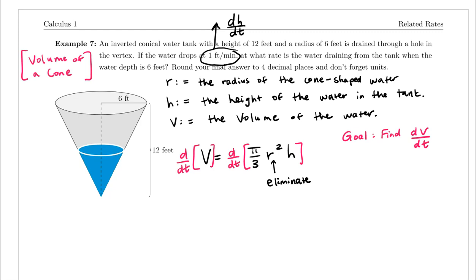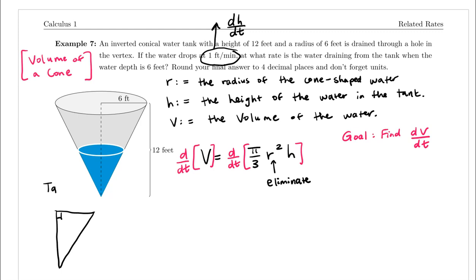So here's what I'd like to do. We're going to use some geometry here, and I'm going to draw a two-dimensional right triangle, and this is going to represent half of my water tank.